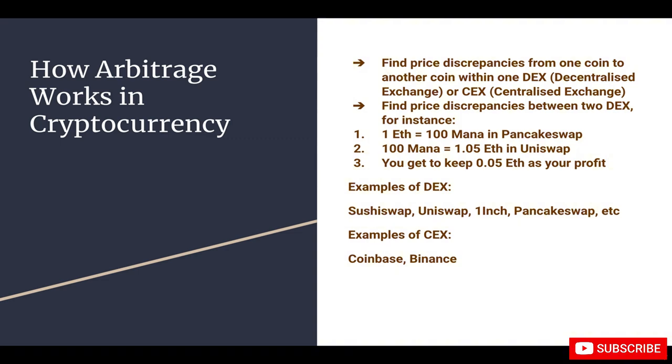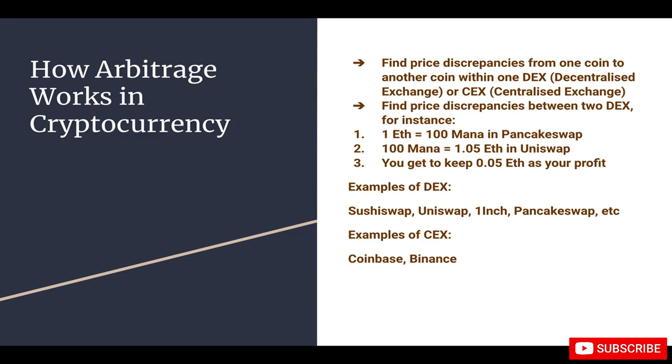Okay, so all you need to do is find price discrepancies from one coin to another coin within one decentralized exchange or centralized exchange. We'll talk about that later. There are two main types of arbitrage in cryptocurrencies. The first one is when you exploit price differences between one coin and another coin.